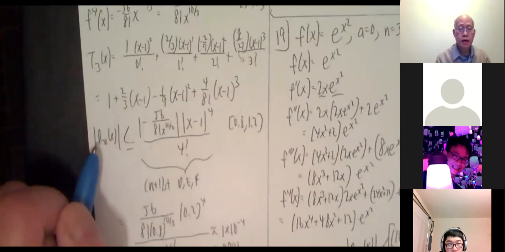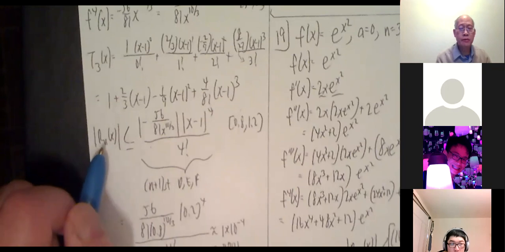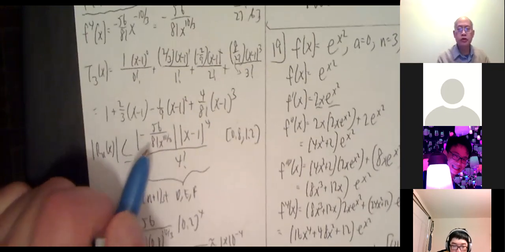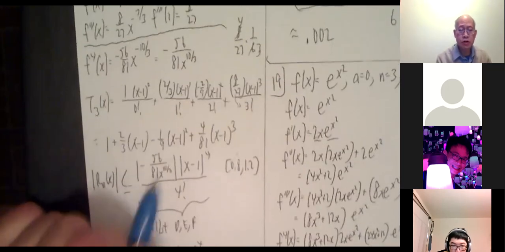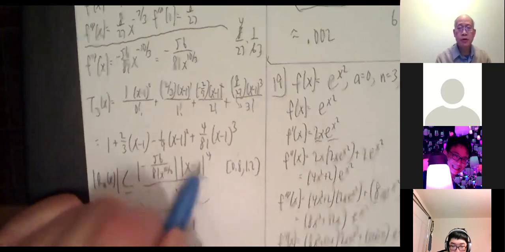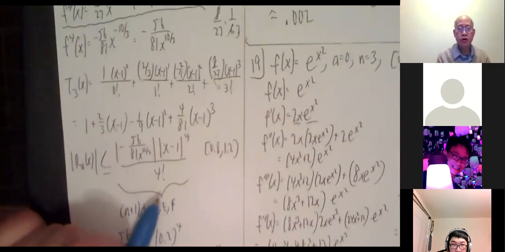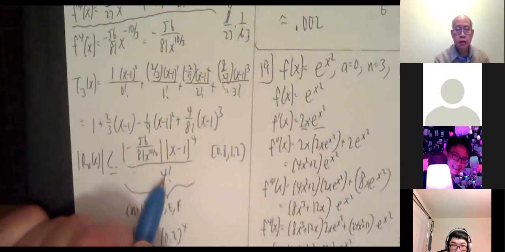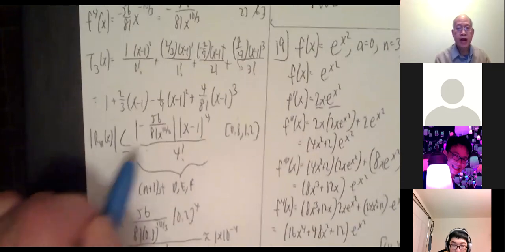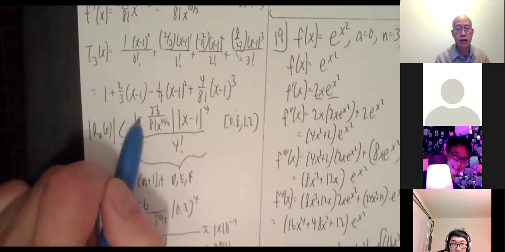Okay, so here's what we do. I use the formula. Absolute value of r sub n of x. I go to the n plus first derivative, exponent, and factorial. So the fourth derivative in absolute value, fourth exponent, and 4 factorial. Okay. And if I have absolute value, you know you can drop the minus sign, right?